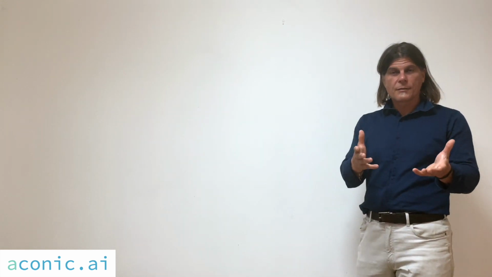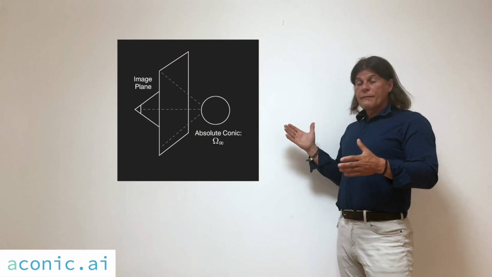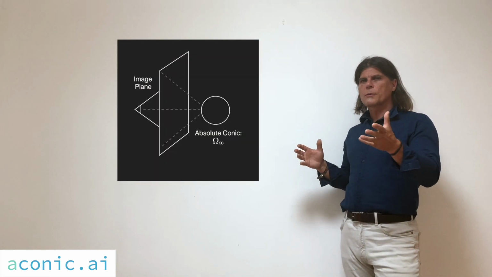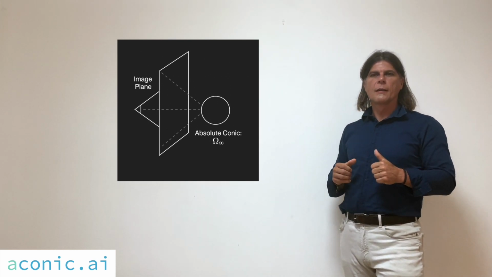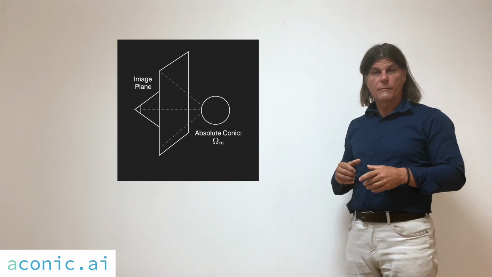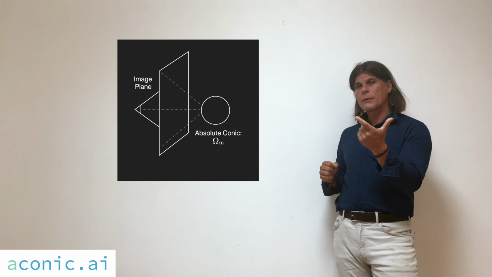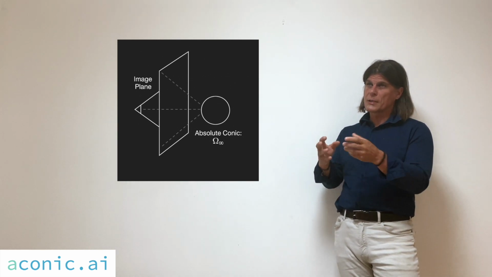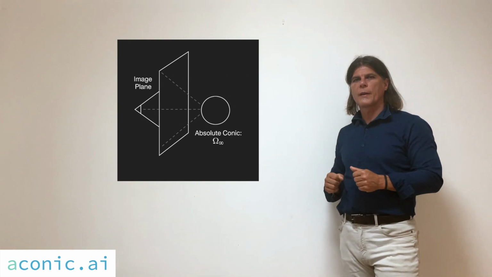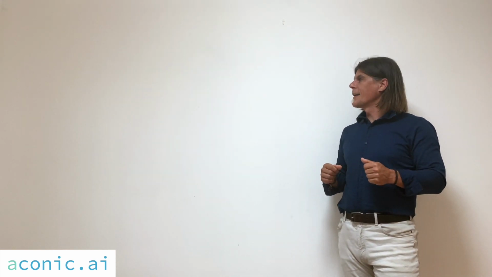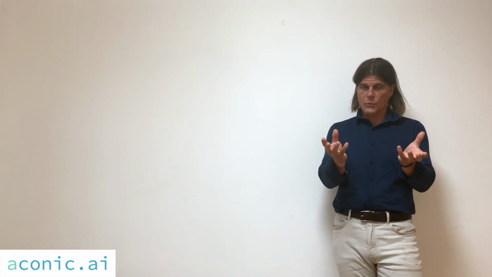So let me return to the image of the Absolute Conic. As I have said, the image of the Absolute Conic is still not very easy to see, because it still has some really complex number coordinates. But it actually governs the angles as well. So what we can do is we can show how angles behave on the picture. And my favorite way to show this is to show an icosahedron.